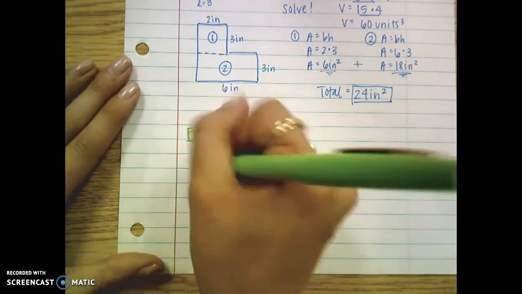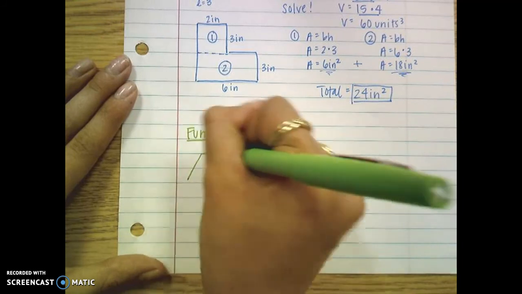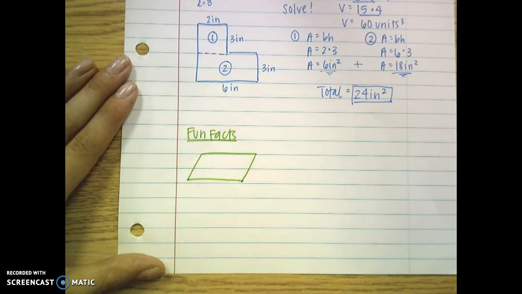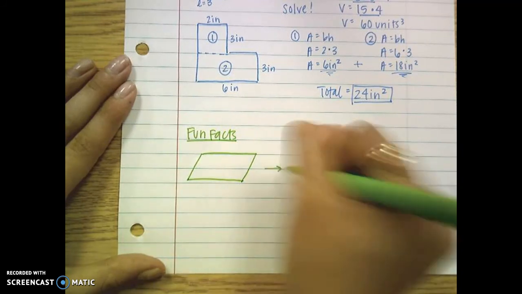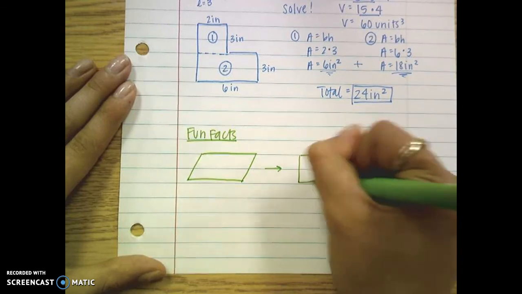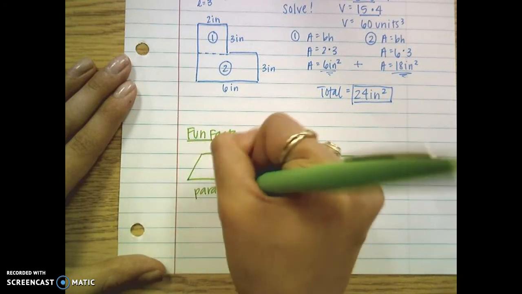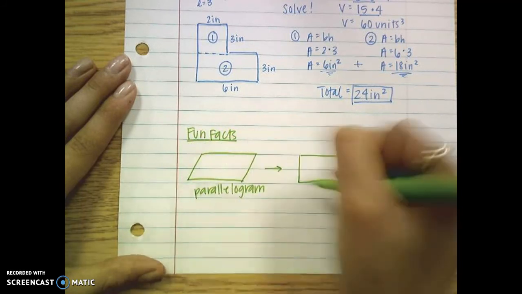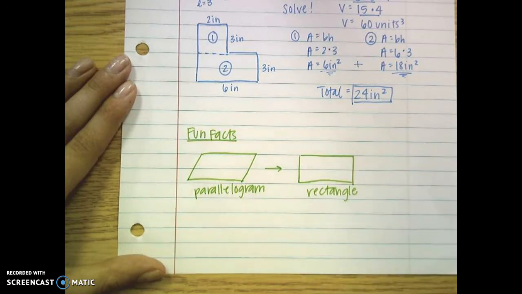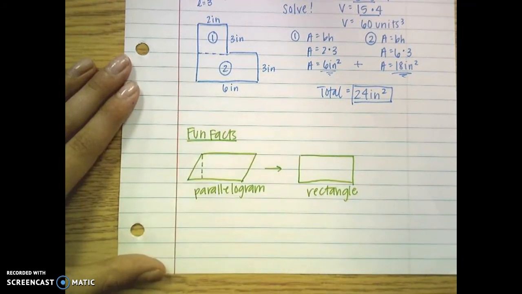If I took a parallelogram like this one, and I wanted to turn it into a rectangle, so I'm going from parallelogram to rectangle, all I have to do is cut this triangle right here.